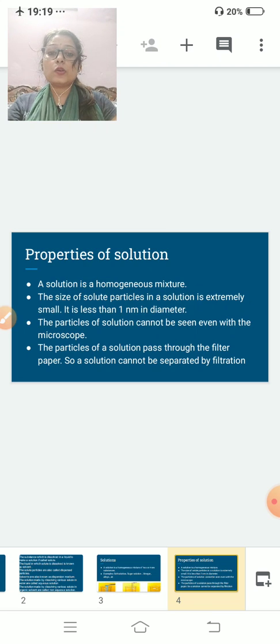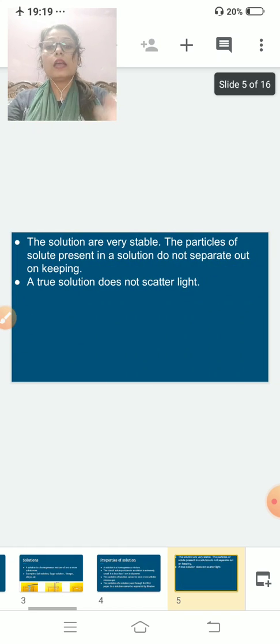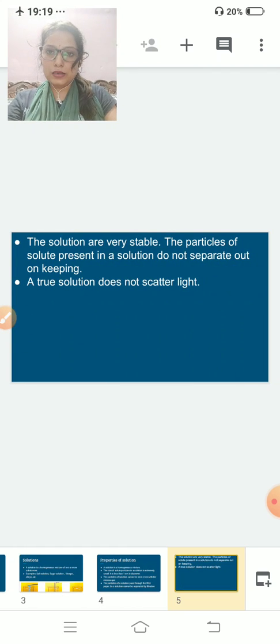The particles of solution pass through filter paper. You can't separate a solution with the help of filtration. Why? Because the size of the particle is very small and can easily pass through the pores of the filter paper.